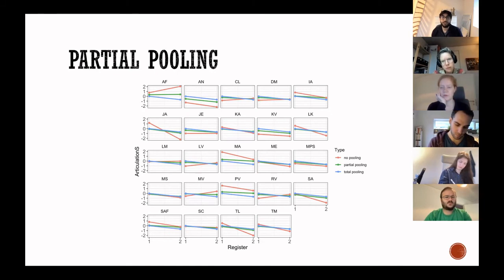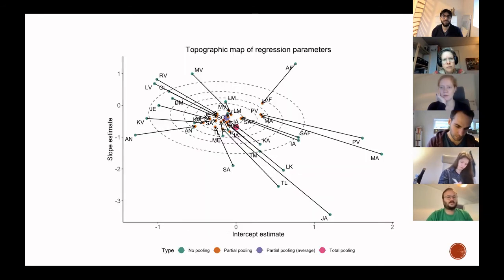Another way, which I think once you've seen this is very effective to represent the partial pooling, is this. The x-axis is the intercept estimate, the y-axis is the slope estimate. You can see on the outer edge the green dots, which are the raw estimates for each individual assessed individually.